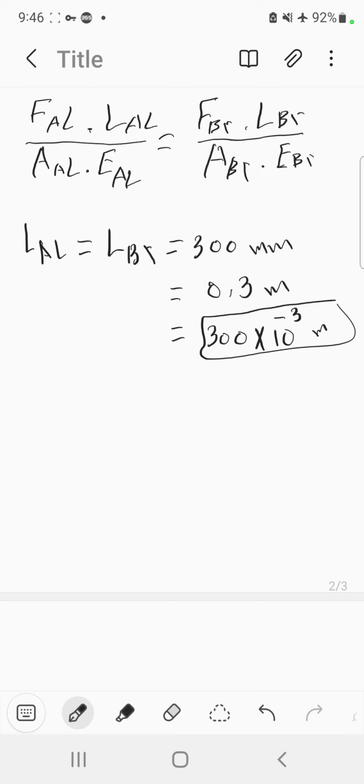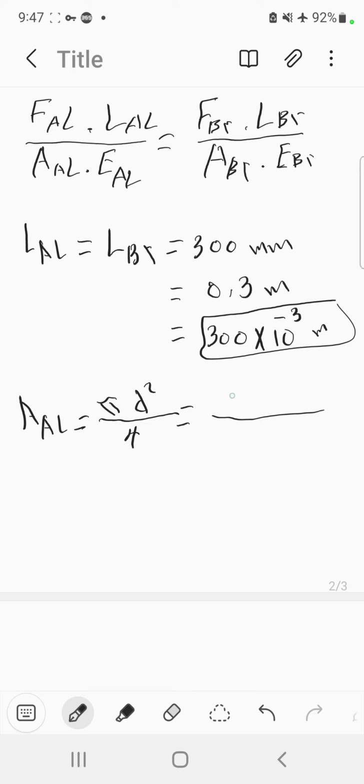Now we have L for aluminum and for brass. Now let's find the area for aluminum and for brass. The area for aluminum: we know the area equation is pi d squared over 4.